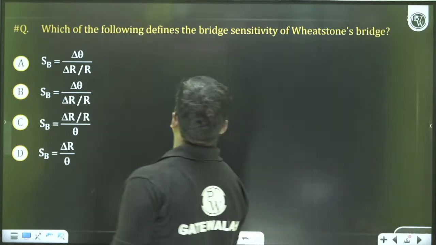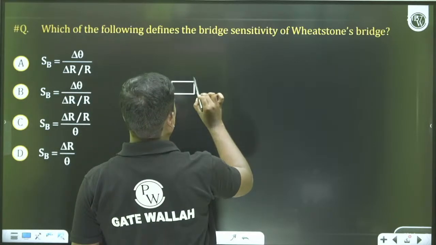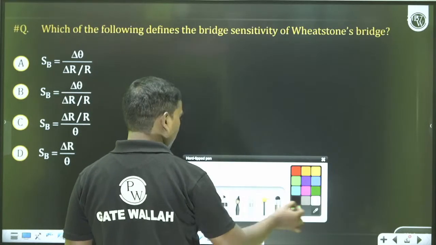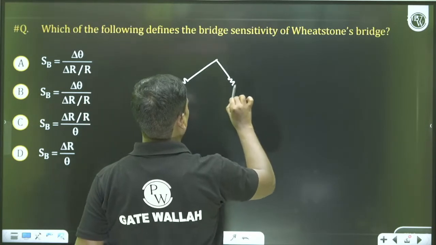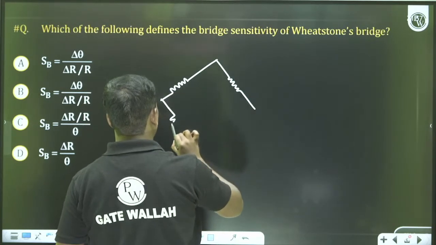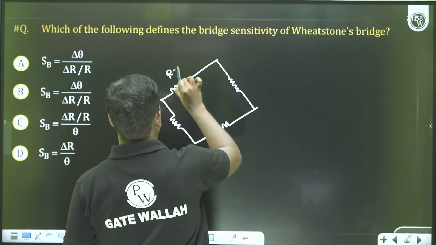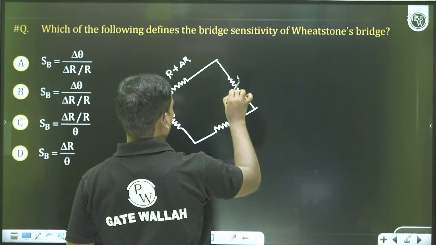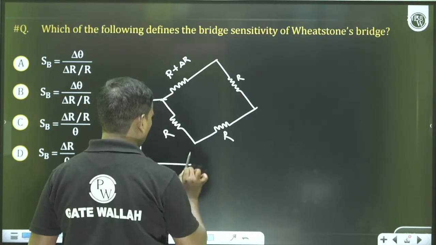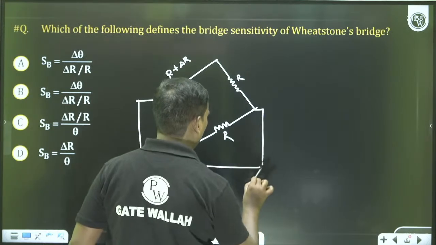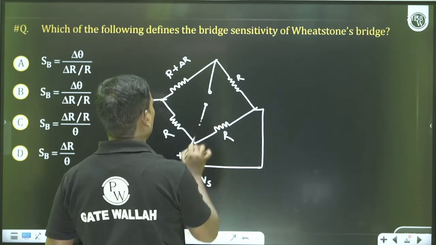Which of the following defines the bridge sensitivity of a Wheatstone bridge? All of you know that a Wheatstone bridge can be drawn like this. Take this as resistance R, this R, this R, and this R plus delta R, with supply voltage Vs and output V bridge.